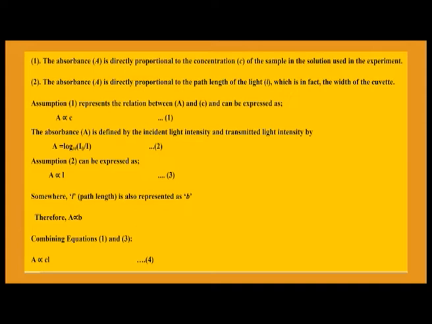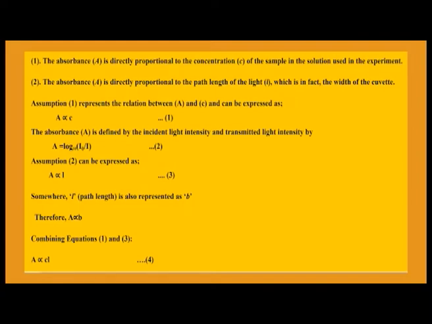So, the higher the number of absorbing molecules, the higher the absorbance, and also the path length, because as the path length increases, the chances of absorption by the molecules will also increase. So, the absorbance will depend on the concentration of the sample and also on the path length.